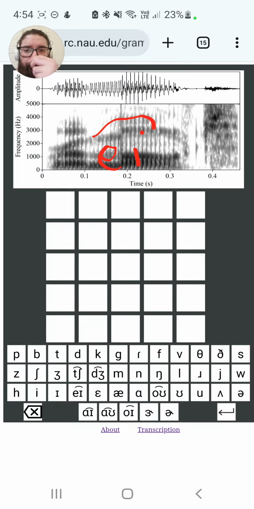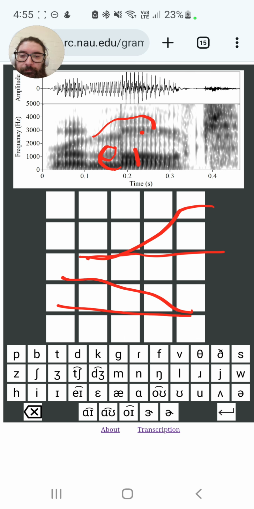Here's another thing to know about phonetic analysis, right? When you see F1 and F2 making that sort of shape where they pinch in together, this is what's known as a velar pinch. And normally you would see it in the other direction. So normally you would see this. And that is a good way to know that you've got a vowel followed by a velar consonant.